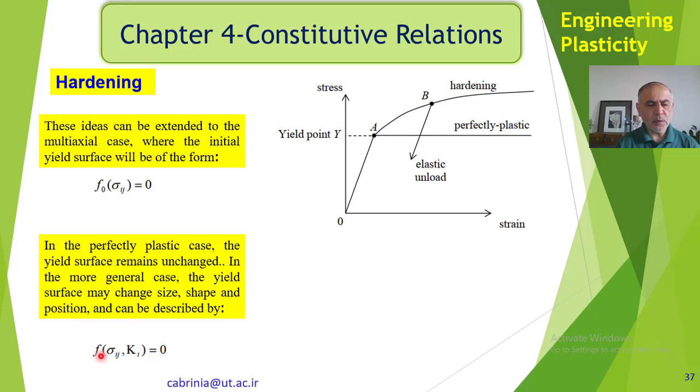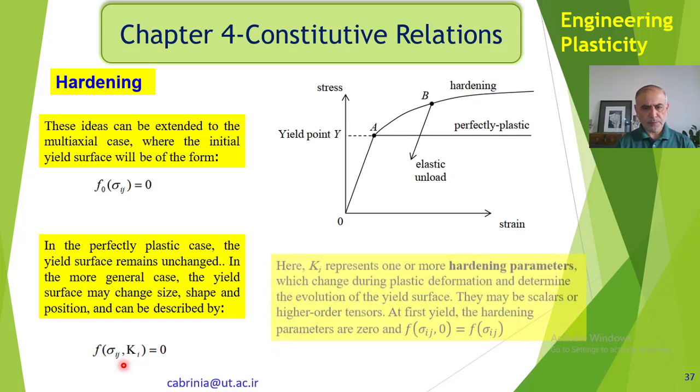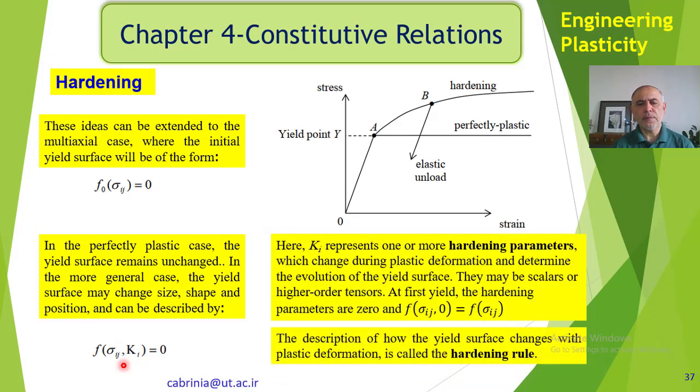Okay, so this is what we have written here for the yield function for the hardening case. We have sigma ij here like there, but we have a parameter k_i for the hardening. Okay, now as we have shown here, k_i represents one or more hardening parameters.